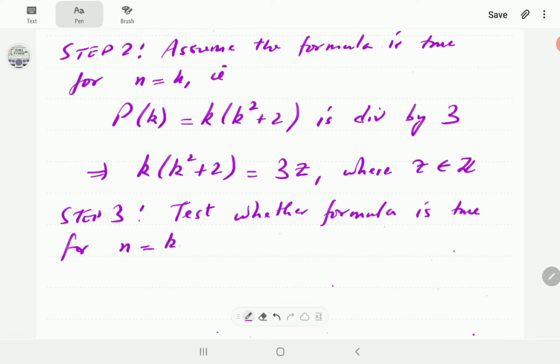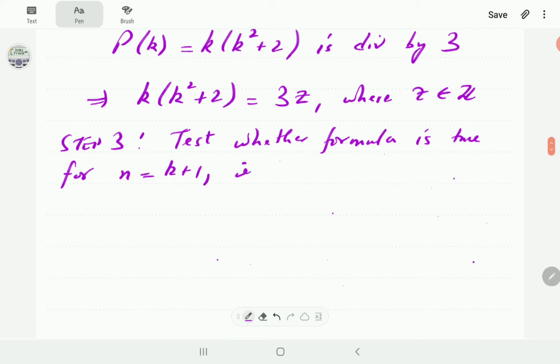The next bigger integer is k plus 1. So the formula being true for n equals k plus 1 means that if we plug in k plus 1 here, we are still going to get something that's divisible by 3.